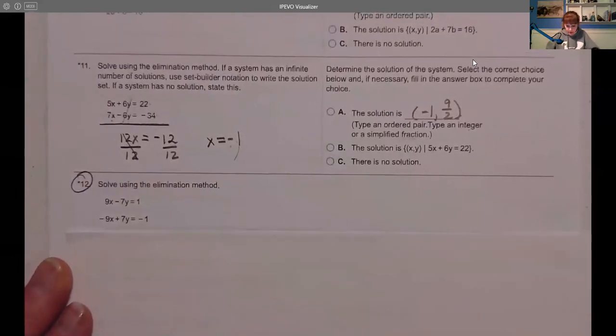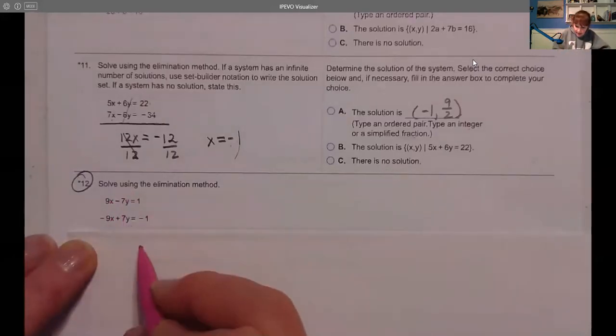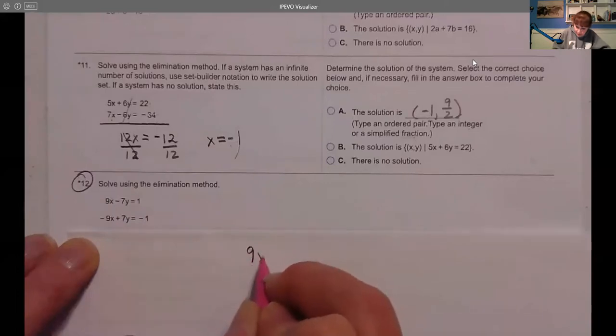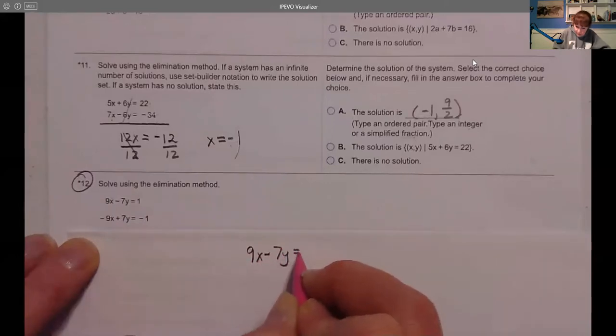Okay. Now, we're going to use the elimination method because they tell us to, but also because of the way it's written and how it's presented. We've got the x's in a row, the y's in a row, and then the numbers, and none of these variables are by themselves. All right, so we're going to take these and add them together. Well, I'm going to copy this over real quick. It won't take me long.